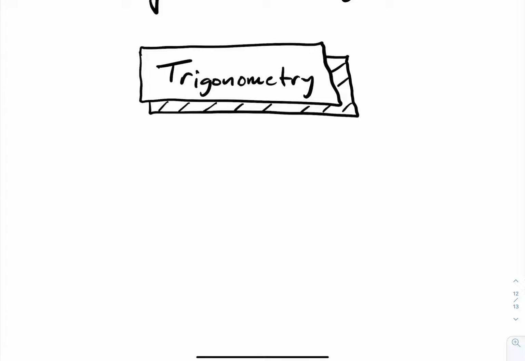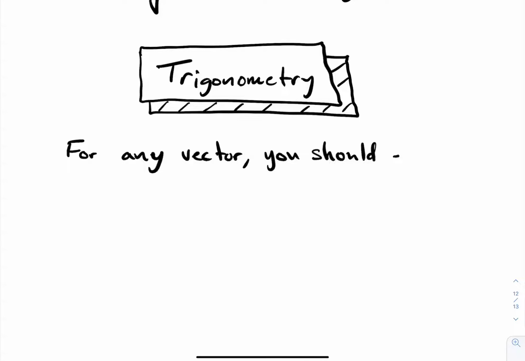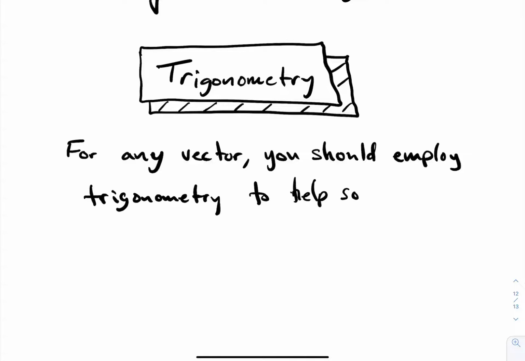So we're going to talk a little bit about trig. And the reason we're doing this is that for any vector, you should analyze using trigonometry. So you should employ trigonometry to help solve or understand the vector.